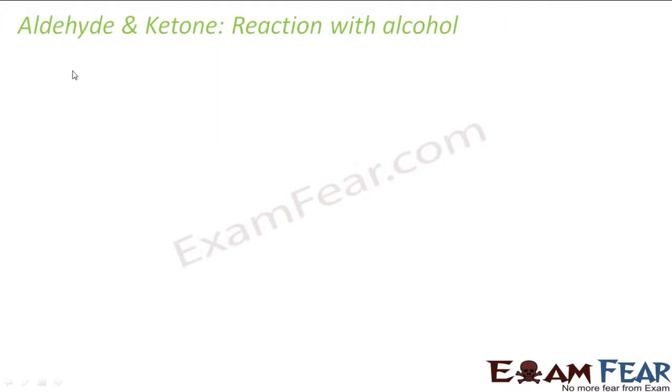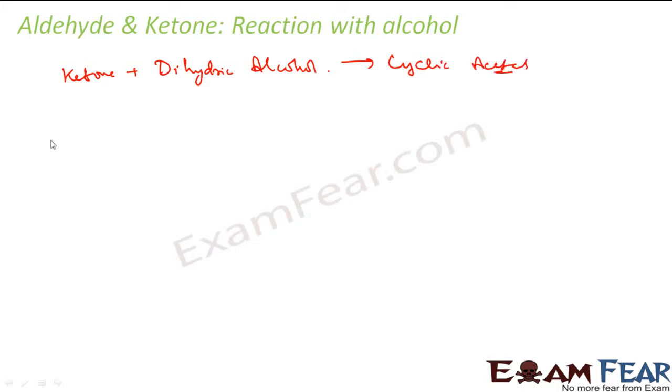Now let's see the reaction where ketones react with dihydric alcohol. So instead of alcohol, it is dihydric alcohol. So it gives cyclic acetal. I'll show you the reaction. For example, I have a ketone and it reacts with CH2, CH2OH.